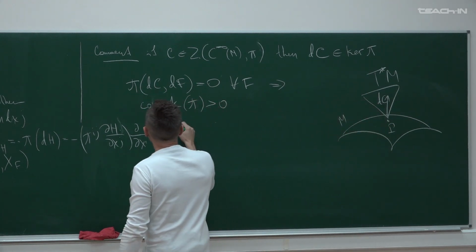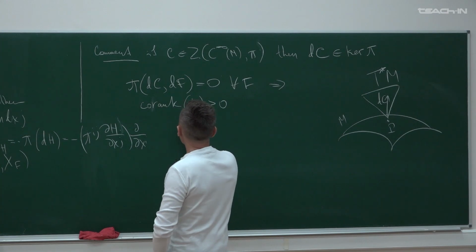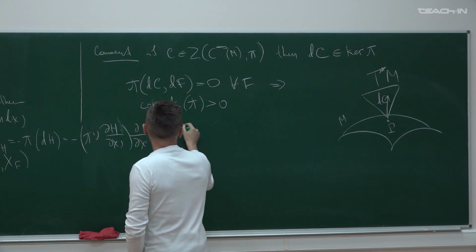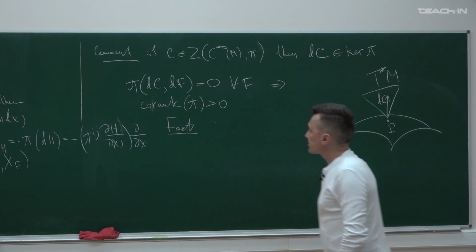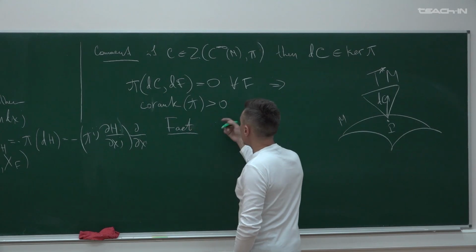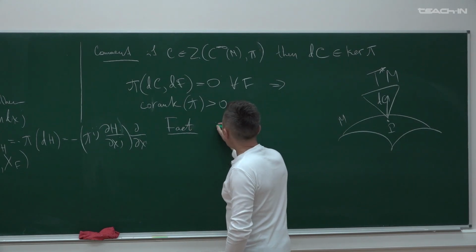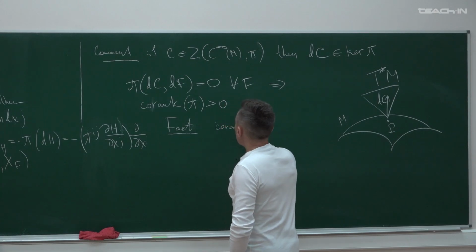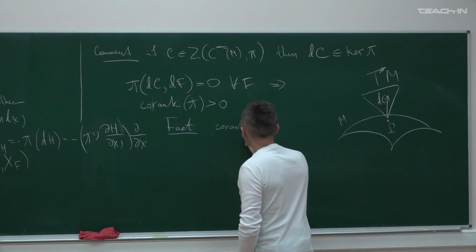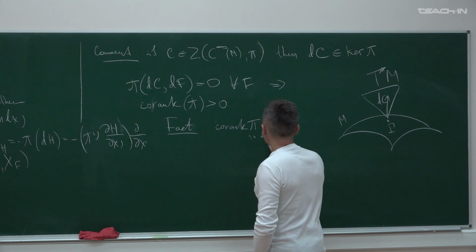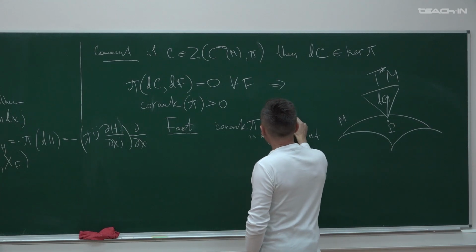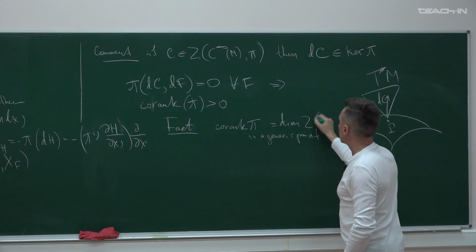And more generally, I'd like to note a fact without demonstration: the co-rank of pi in a generic point is equal to the functional dimension of the center.